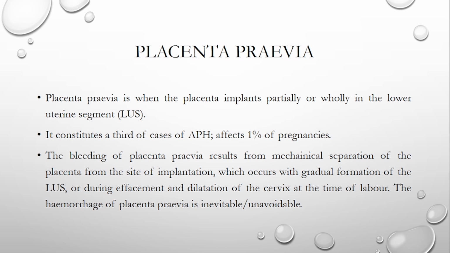The bleeding of placenta previa results from mechanical separation of the placenta from the site of implantation, which occurs with gradual formation of the lower uterine segment, or during effacement and dilatation of the cervix at the time of labor.